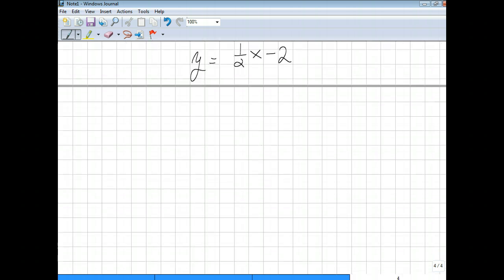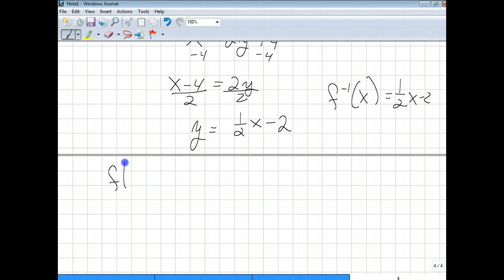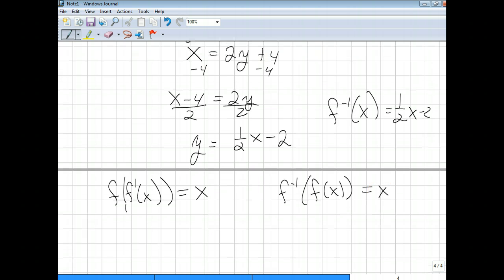Well, if that's true, then f of f inverse has to equal x, and f inverse of f of x has to equal x. So this says in the f function, put f inverse.